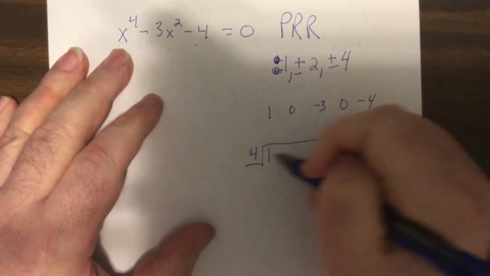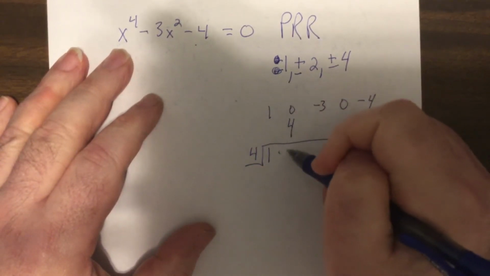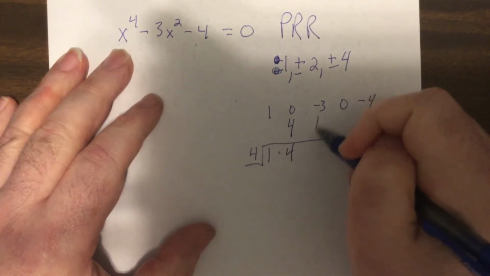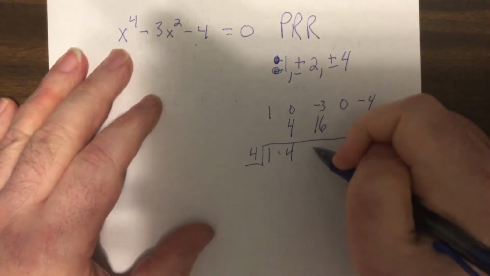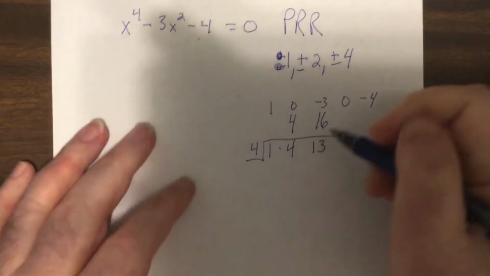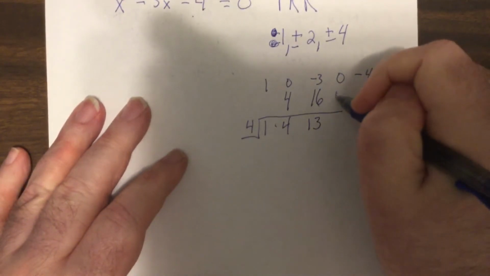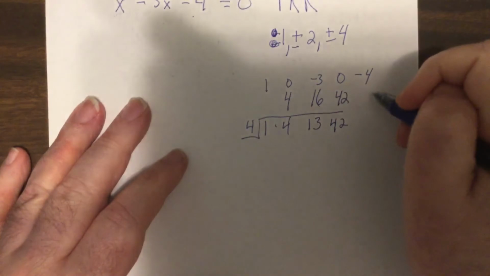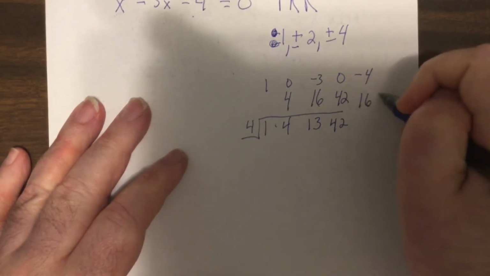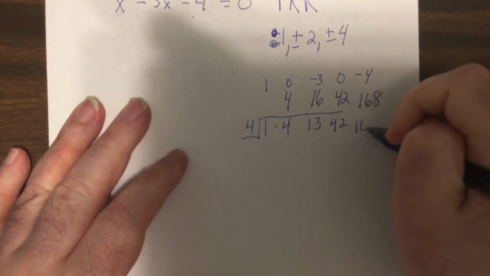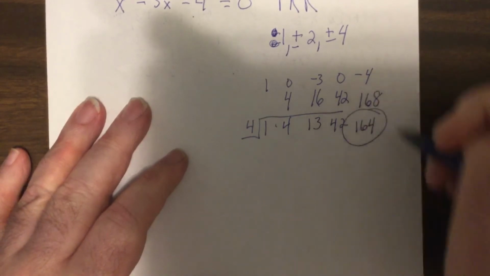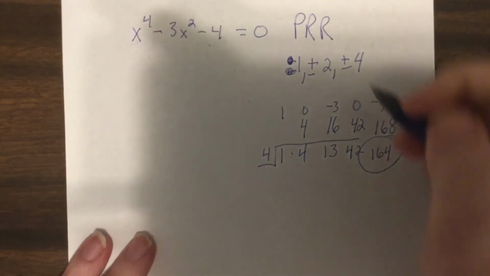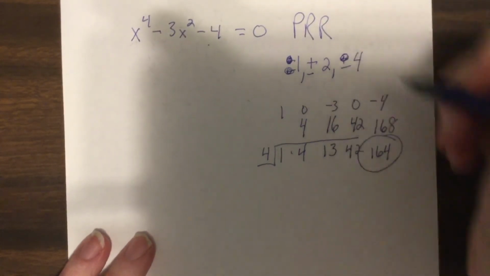So bring down 1, that's 4. That's 4. That's 16. That's 13. That's 42. 42. That's 168. Whoa, it didn't give me 0. So this didn't help me at all. All it did was get rid of one of my choices.